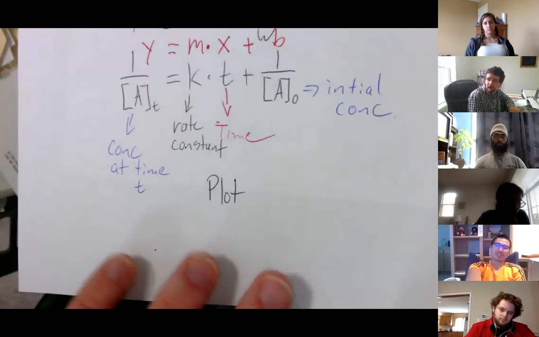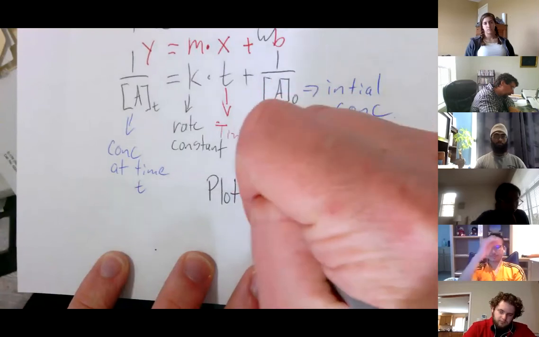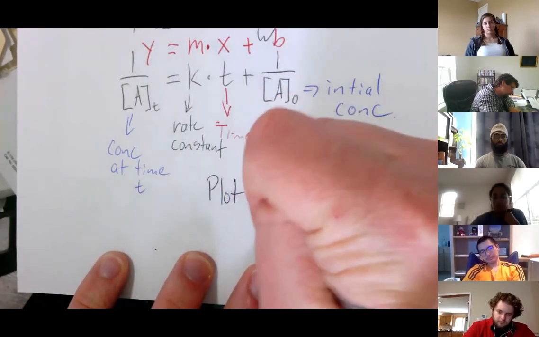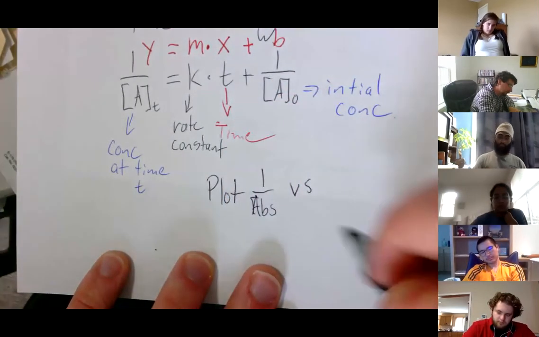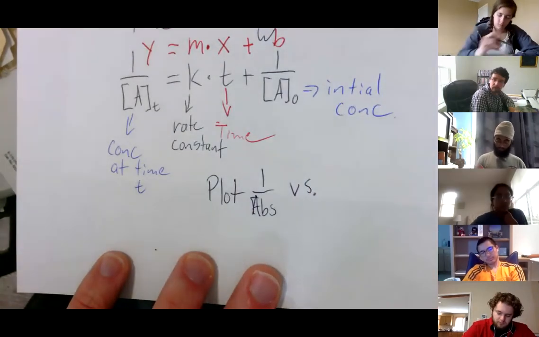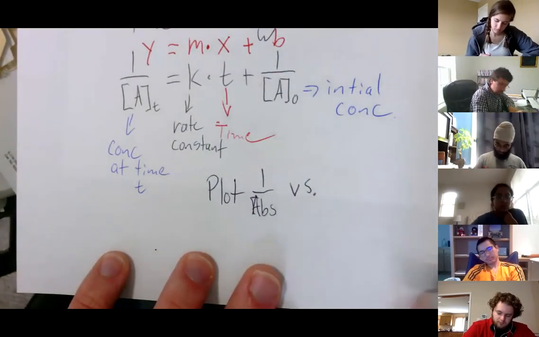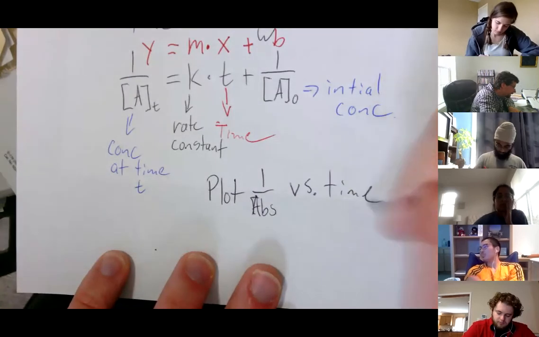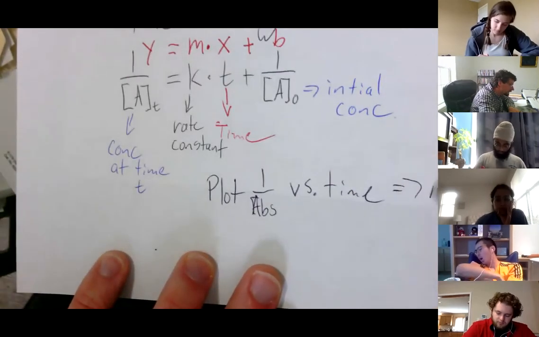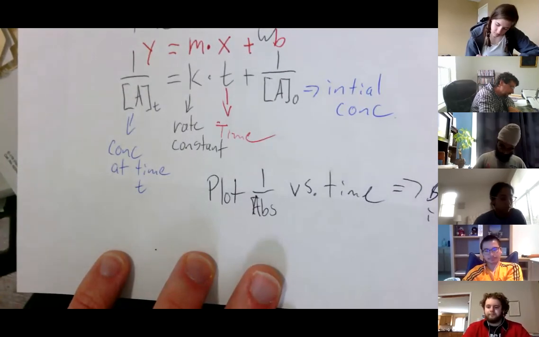Linear. Yep, you're going to plot 1 over absorbance versus what? Yep, time. And you see if the regression is linear.